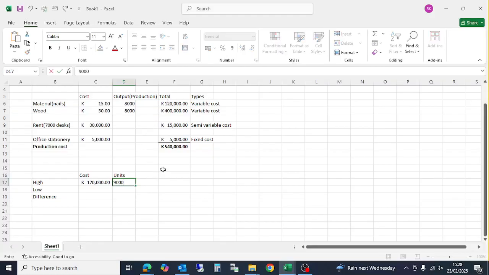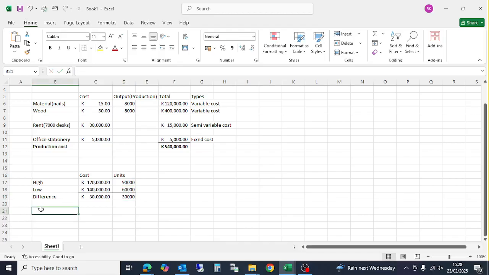And the lowest cost is 140,000, and the units are 60,000. All right. So the difference between the two is 170 minus 140, giving us 30,000. And the difference between the units is 90,000 minus 60,000, giving us 30,000.